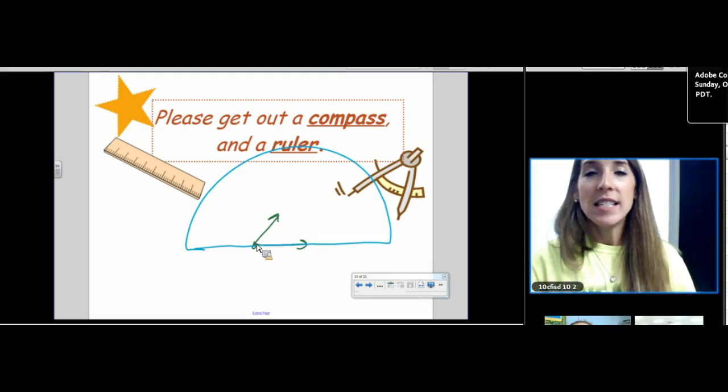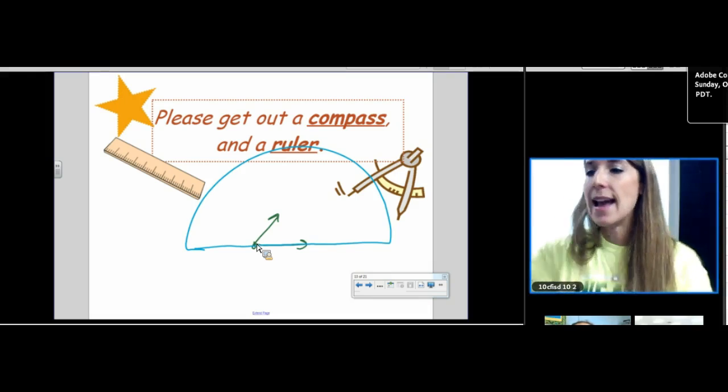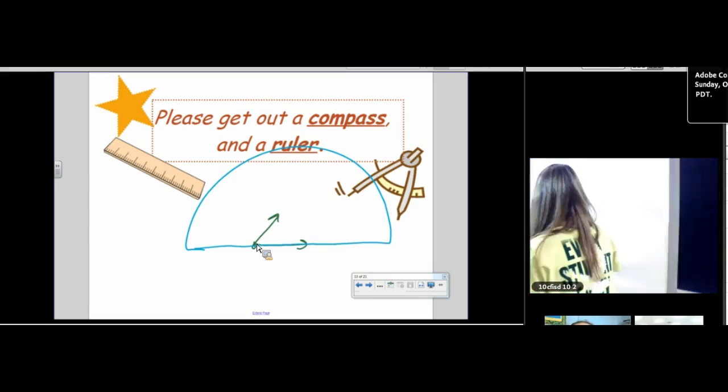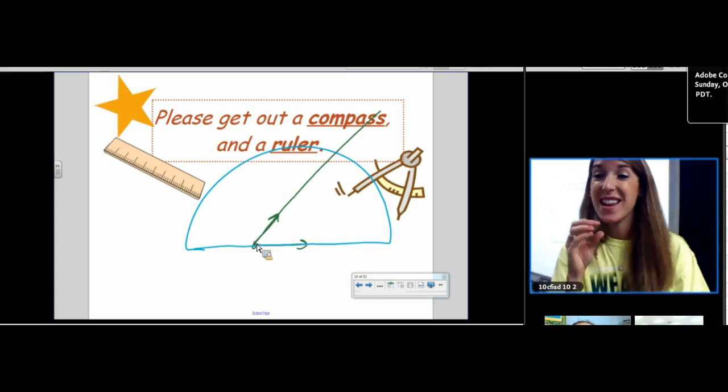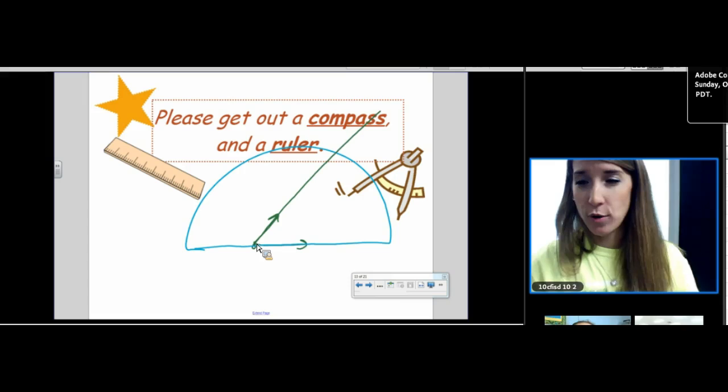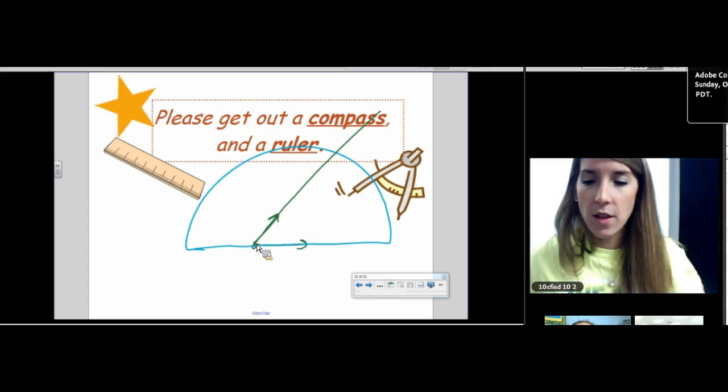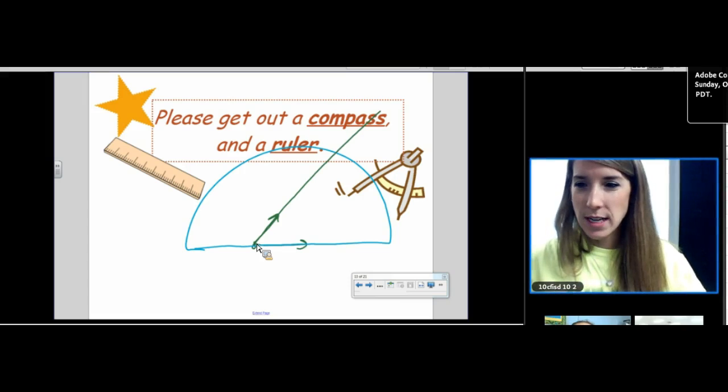No, no, no. Take a ruler, take a straight edge, and you need to extend your angle. Make it long enough so that it goes through one of the numbers on your protractor. That's really important because on the homework tonight, some of those angles are pretty tiny.